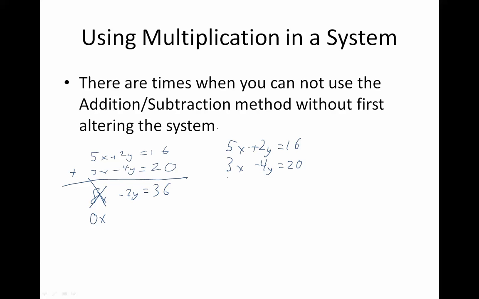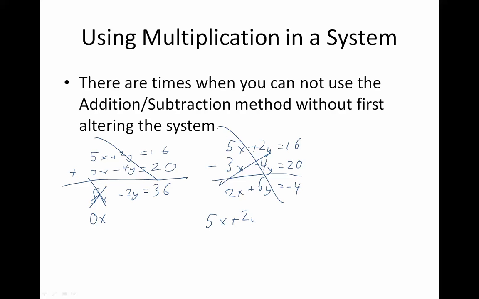And we can tell that without actually even doing the subtraction, because none of these numbers are the same, right? 5 minus 3 is going to make 2x. 2 minus negative 4 is going to make 6y, a positive 6y. And then this is going to make a negative 4. Addition and subtraction don't work. Neither of those are very helpful in this case because none of the numbers are the same.